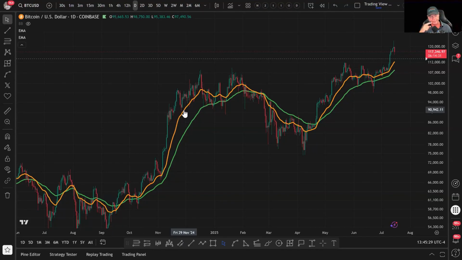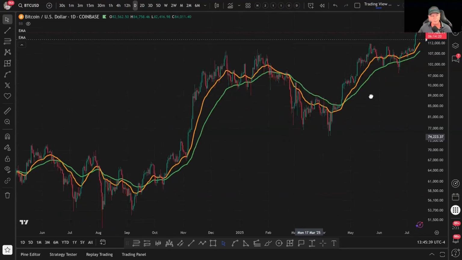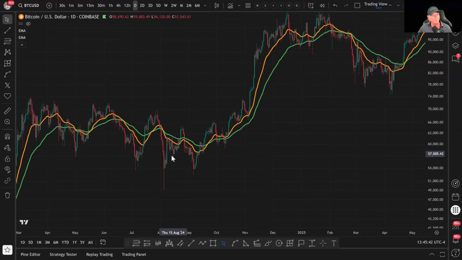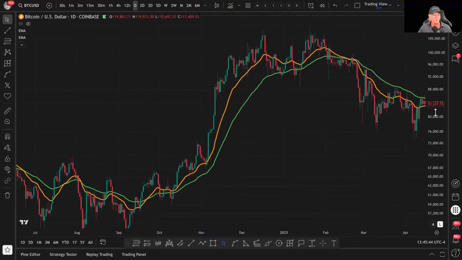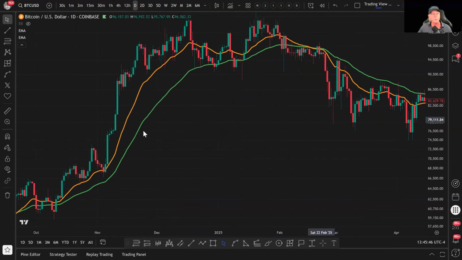The 50 is a little slower moving because it's the exponential average, I don't really know how to do the math on that, don't need to, of the last 50 days. What does that mean? Doesn't really mean anything other than the price tends to hold, and we could do a 9 on that. That has some meaning too, but it's just too much noise.